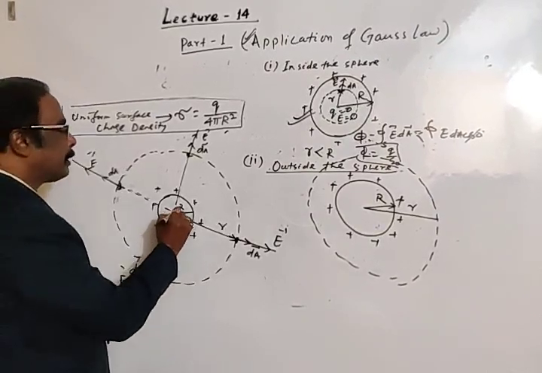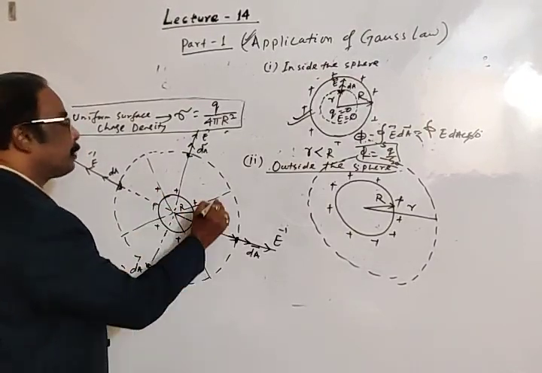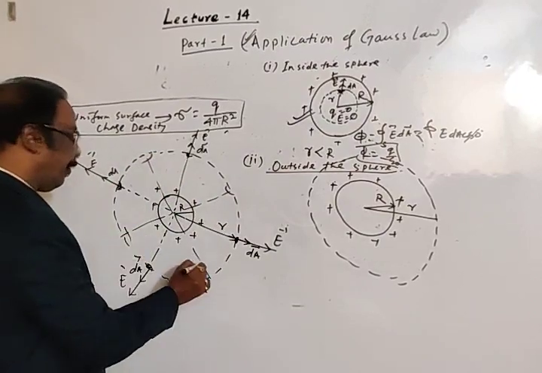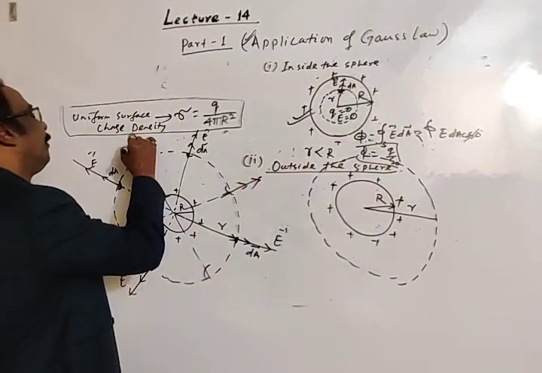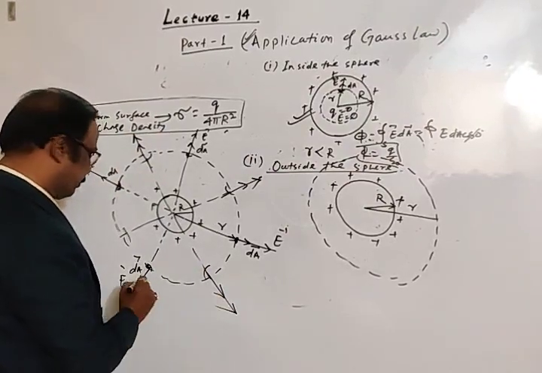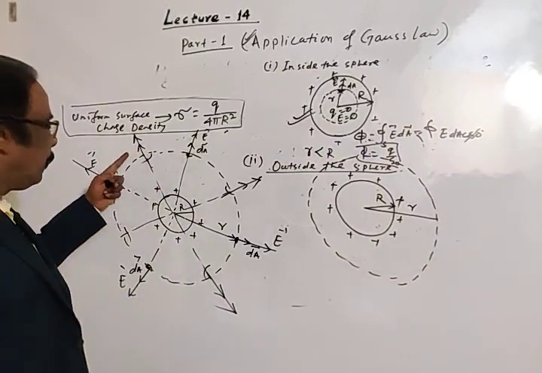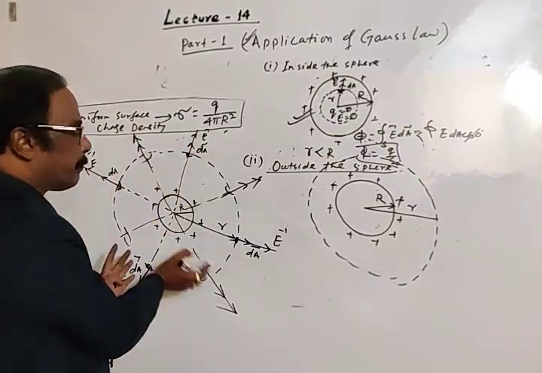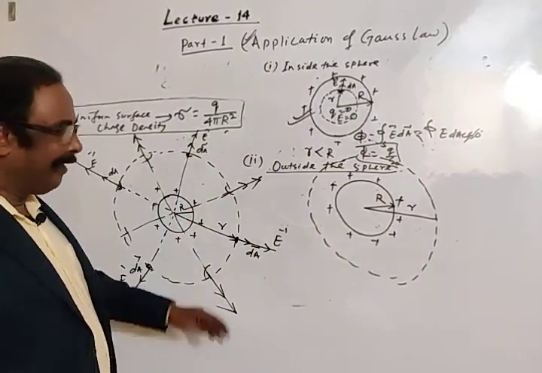You may take several points on the surface of the imaginary Gaussian surface: dA, dA, dA, and electric field, direction of area, direction of electric field. So you may take it in all directions, meaning the whole imaginary Gaussian surface may contain a number of elemental areas.